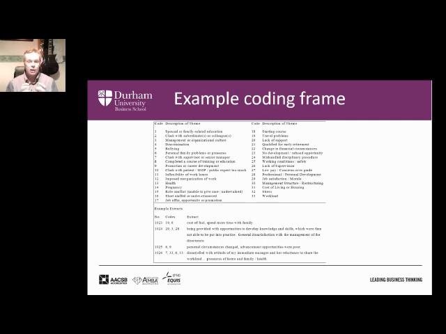So you get the logic of that coding frame, and those 33 codes should be mutually exclusive. So if you code something as 19, you don't also code it as 18 or 17 or whatever. They should also be exhaustive, so no matter what the extract says, you're able to apply a coding frame, and this is the logic of content analysis.